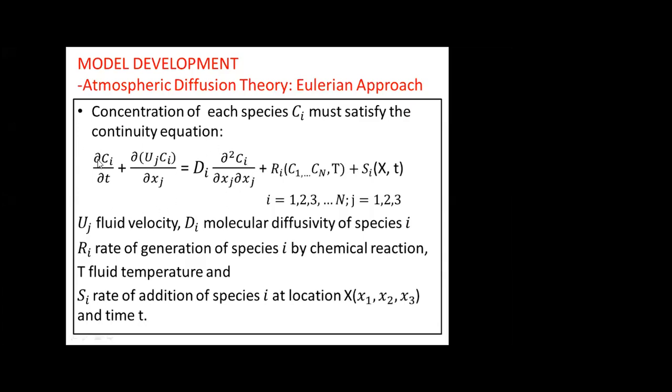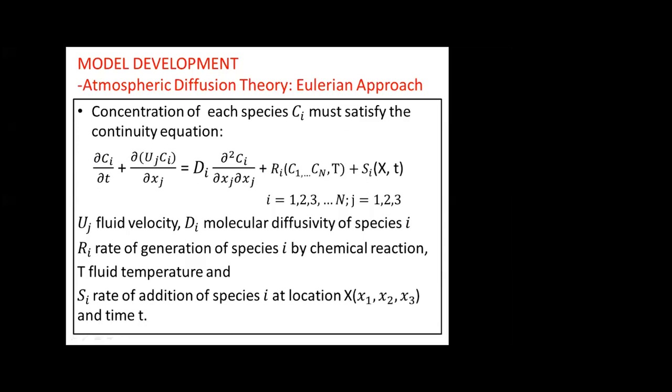So that is time, then you have advection and then diffusion. And then here Ci is the pollutant concentration, Uj is the velocity, and Ri is the rate of generation by chemical reaction, and this is the addition, that is the source.